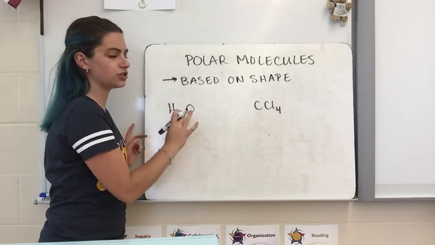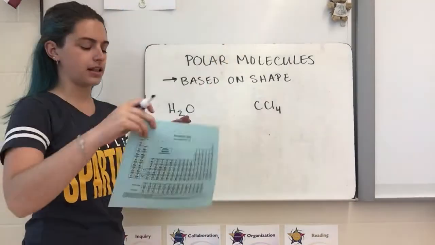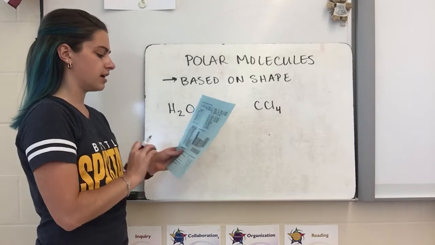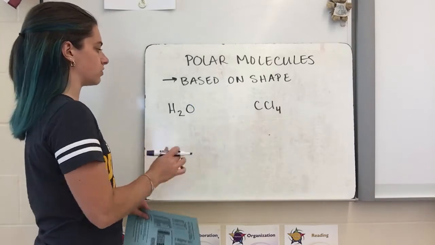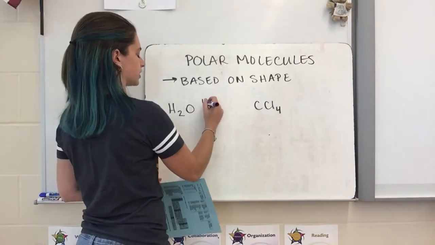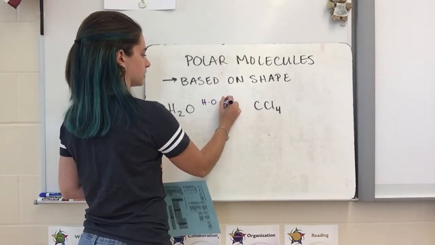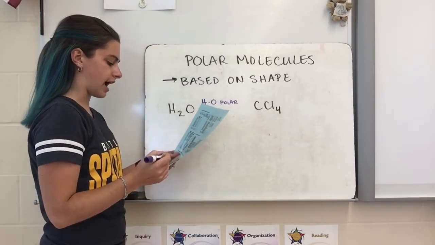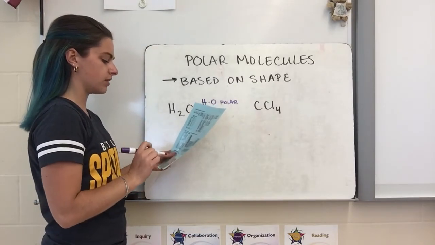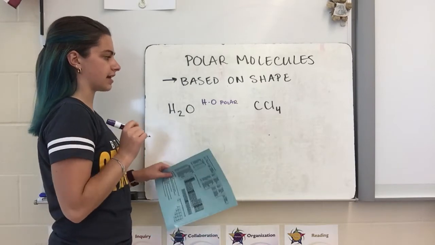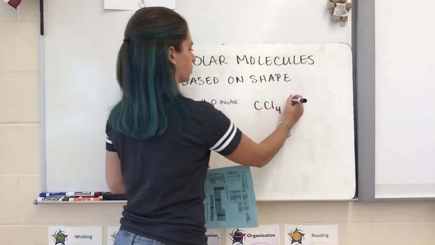If I look at hydrogen and oxygen on my electronegativity table, oxygen is 3.5, hydrogen is 2.1, so this has polar bonds. The hydrogen-oxygen bond is polar. And for carbon tetrachloride, carbon is 2.5, chlorine is 3.0, so that difference is exactly 0.5, so it's also polar.